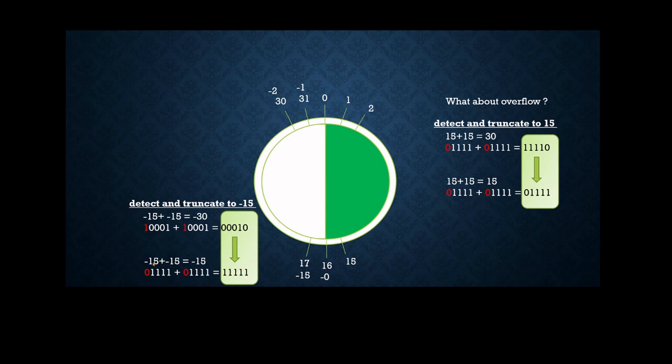I guess if you go two negative numbers, and you detect that an overflow has occurred here, then you just need to replace it with the largest negative number. In this case, it should be minus 16, so I need to correct this. I think in this case, this is wrong and it should be minus 16. And here, it's the same thing.